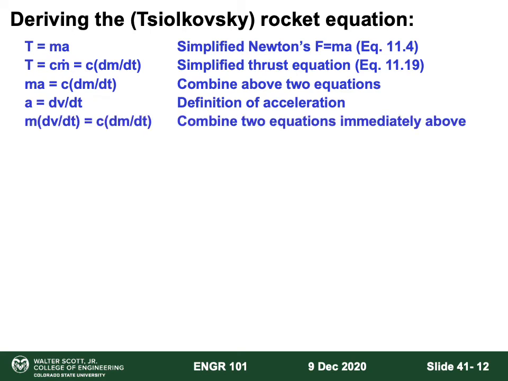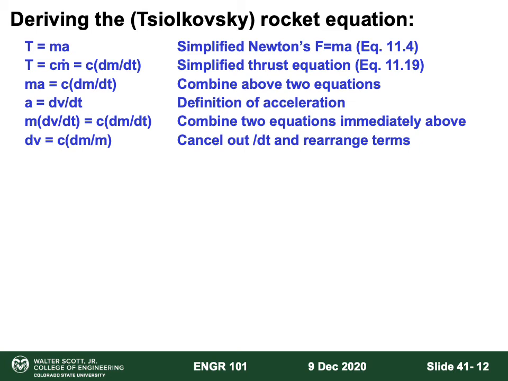We have mass times the change in velocity over time equals the exhaust velocity times the change in mass over time. We can then get rid of the dt's underneath. We can move all the mass information to the right side by dividing by mass, and we get the equation: the change in velocity equals the exhaust velocity times the change in mass over the current mass.